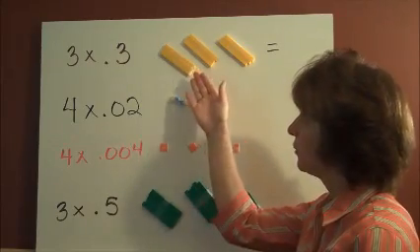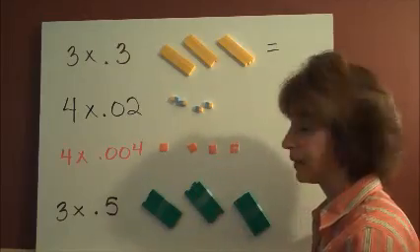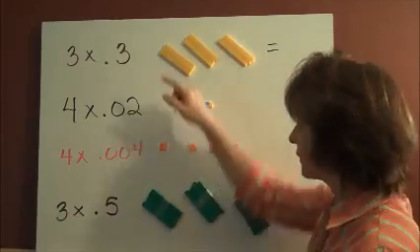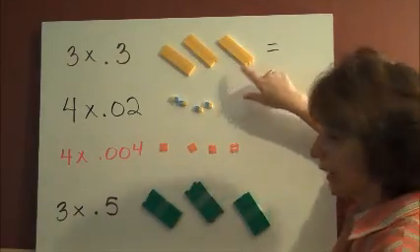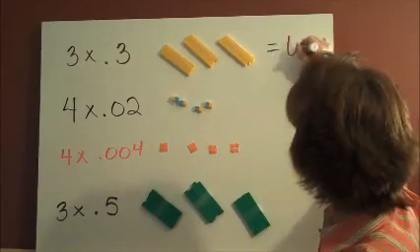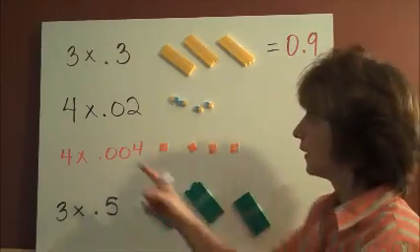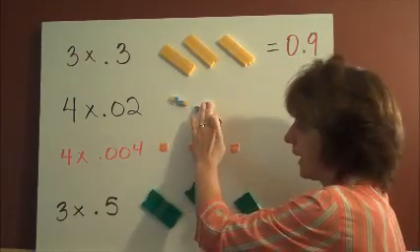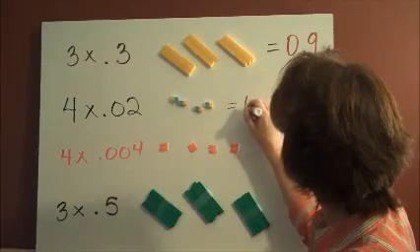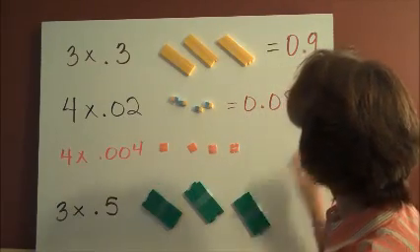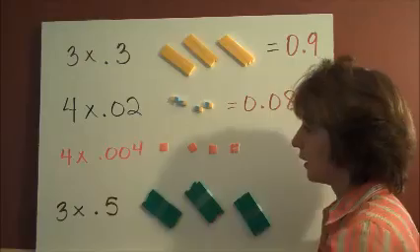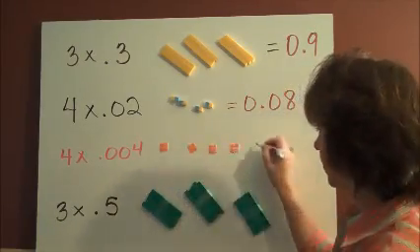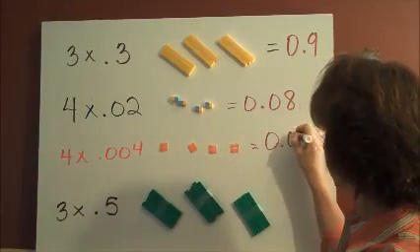And here is 3 groups of 3/10 illustrated. 3 groups of 3/10 equals 1, 2, 3, 4, 5, 6, 7, 8, 9 tenths. 4 groups of 2/100ths would equal 2, 4, 6, 8 hundredths. 4 groups of 4 thousandths would equal 16 thousandths.